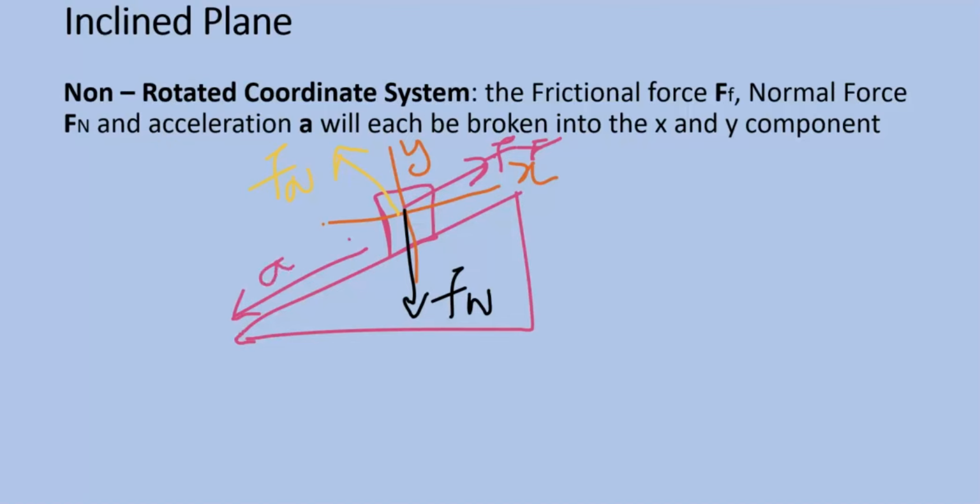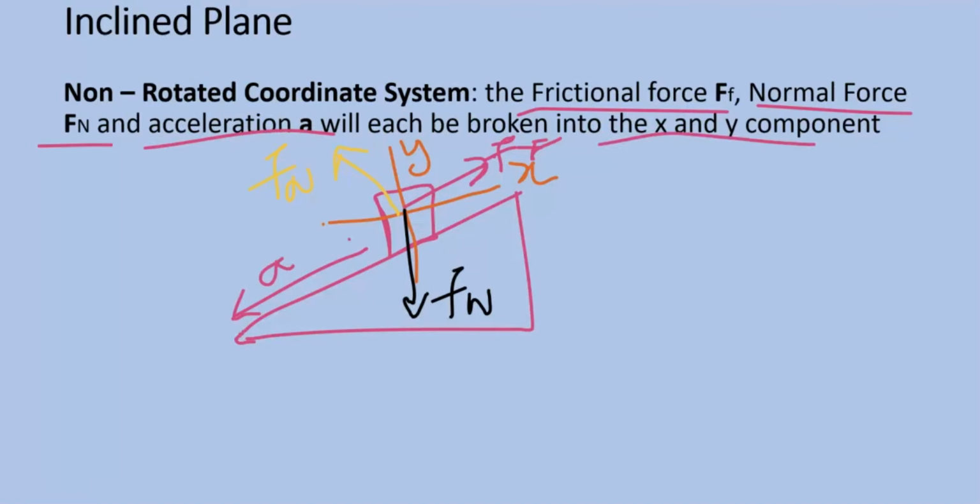That's the A. So if you look at this graph, in a non-rotational coordinate system, the frictional force, the normal force, and the acceleration will each be broken into the x and y coordinates.